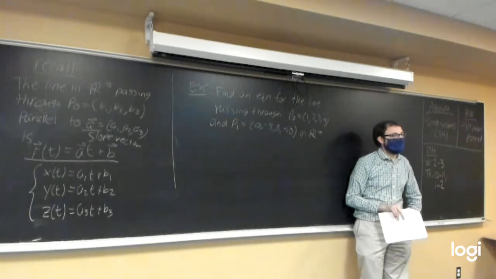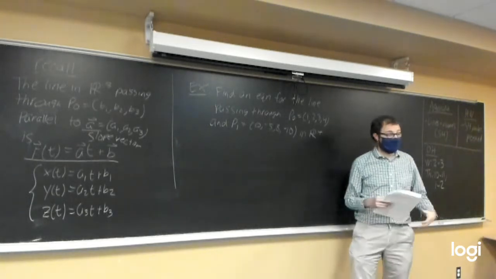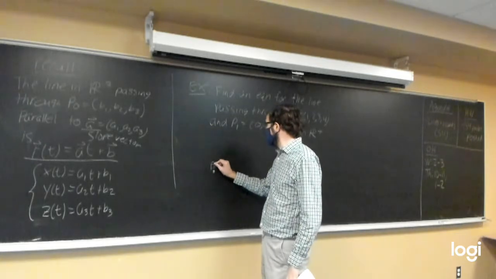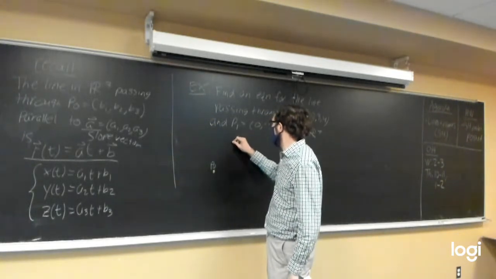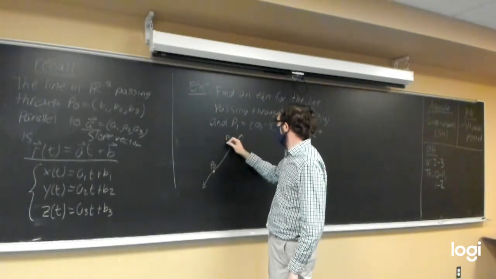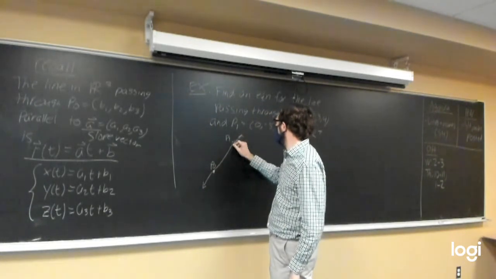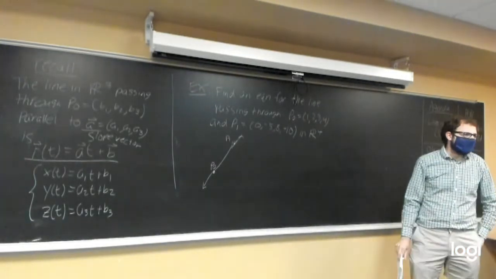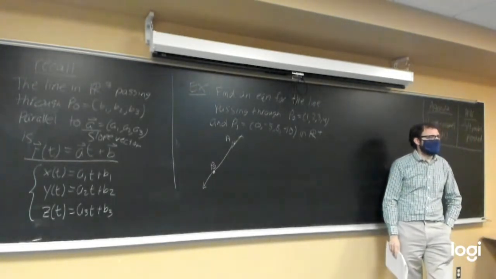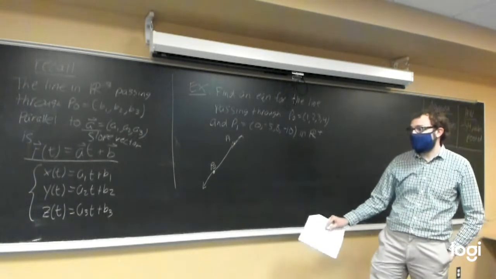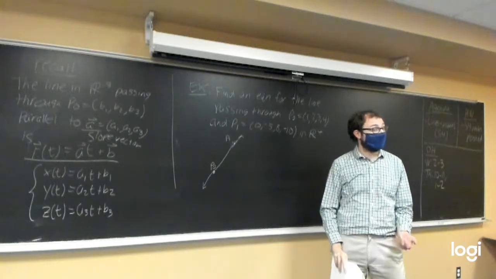Instead, we're given 2 points on the line, P naught and P1, and told to find the line which passes through these 2 points in R4. So what do you think our approach could be here? Something we could try that would allow us to use this at plus b equation for a line.